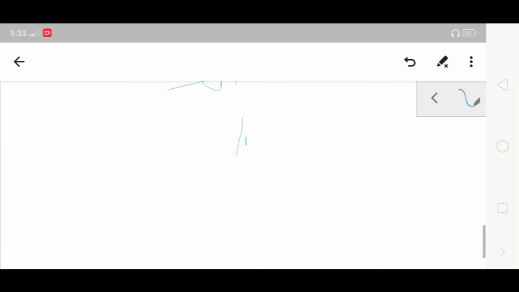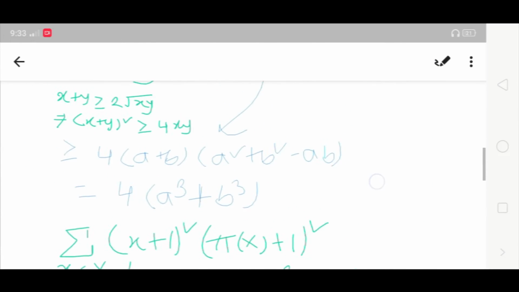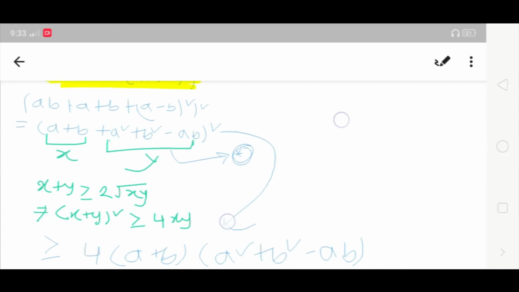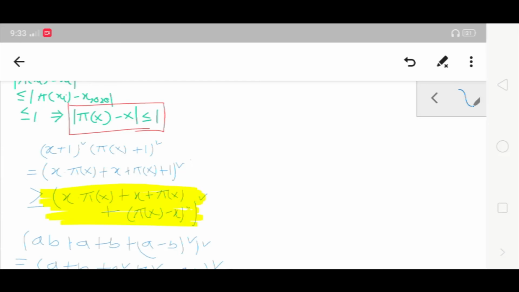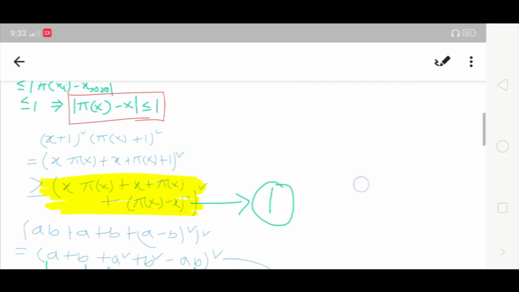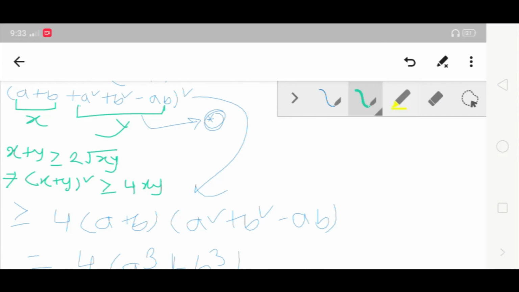Now if we look through the inequality steps, we can see that we made an inequality condition here, step 1, and we use another EGMO inequality that is here.